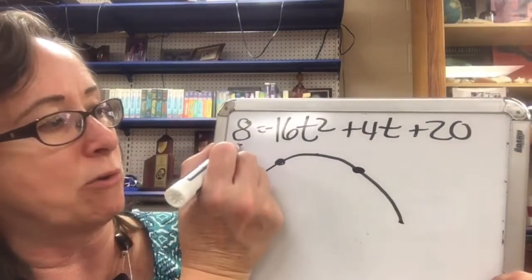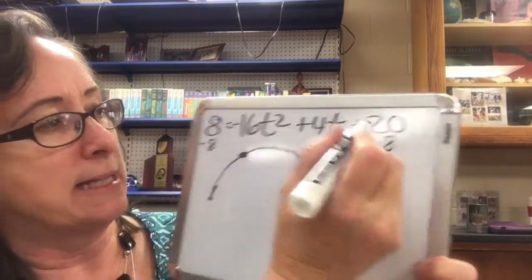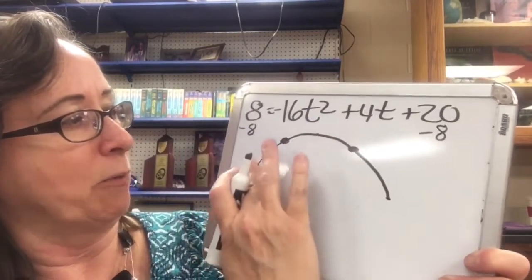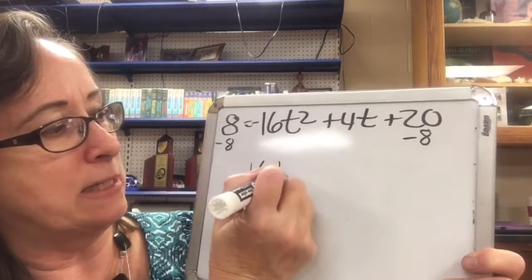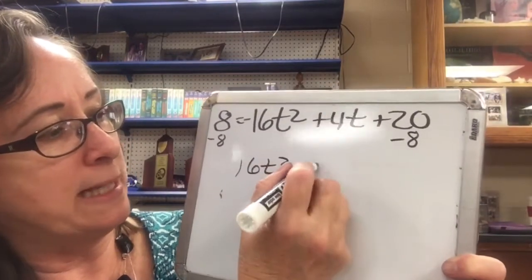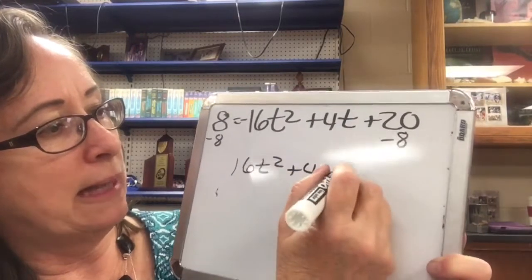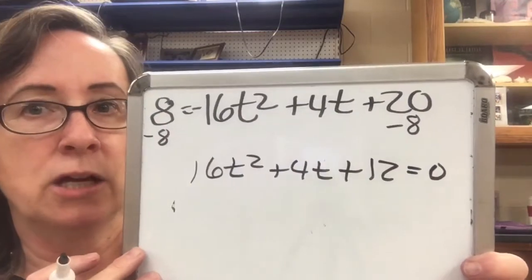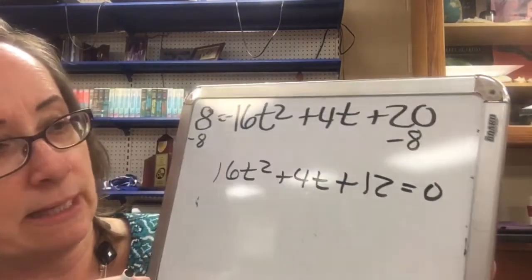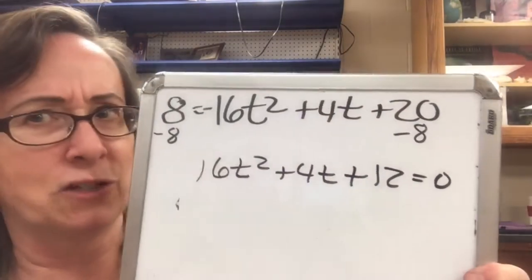So I'm just going to subtract the 8 on both sides, and let me erase my little parabola here. I'm going to get 16t squared plus 4t plus 12 equals 0.